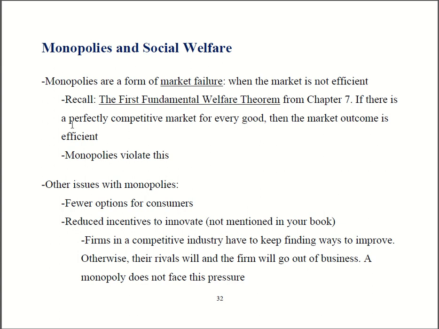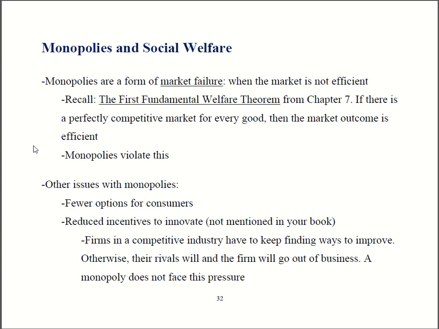Well, monopolies are not perfectly competitive. That's a violation of the first fundamental welfare theorem. So if that condition does not apply, then the result, efficient markets, is not guaranteed to apply either. So that's one issue with monopolies. They violate the first fundamental welfare theorem and end up creating welfare losses through deadweight loss.